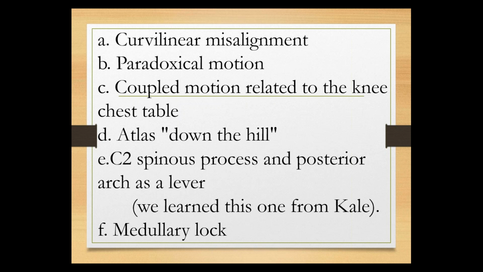Through rotating the head, the atlas is going down the hill with paradoxical motion, and when we add the coupled motion that's adding more rotation, the vertebra is in a position where it has nowhere else to go. When you set down and traction the rest of the cervicals, the very next thing, the adjustment, takes very little, because everything has been taken to this end point, and just the least little movement can make the adjustment.